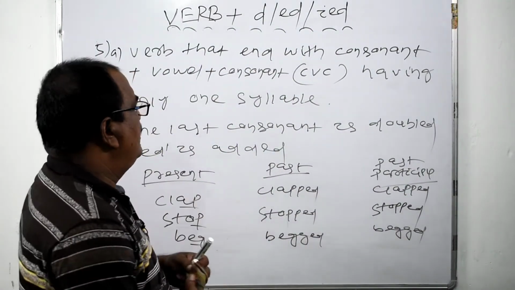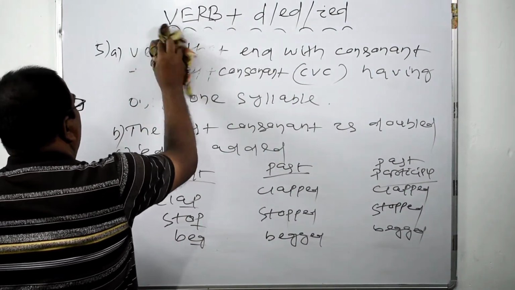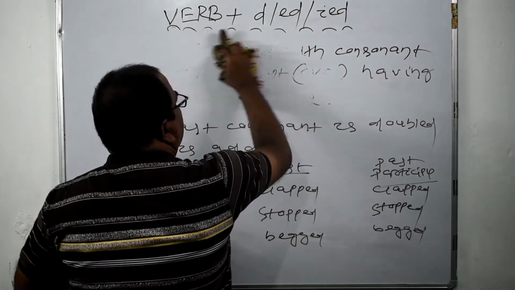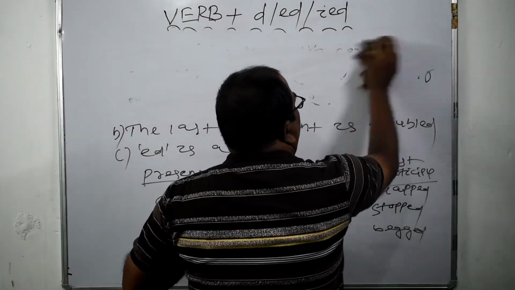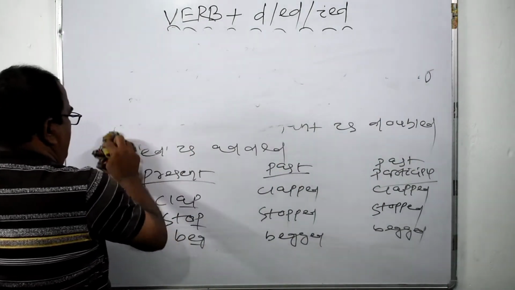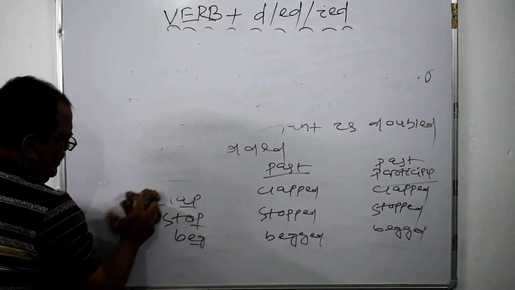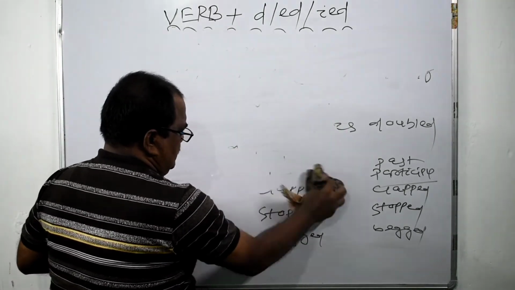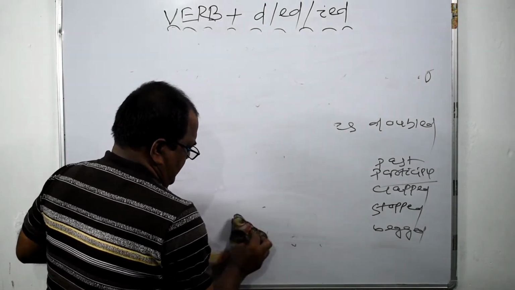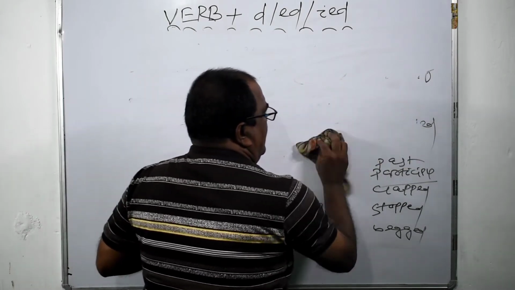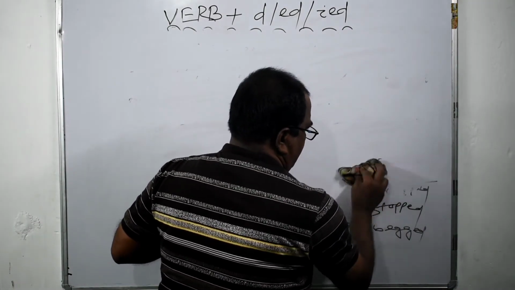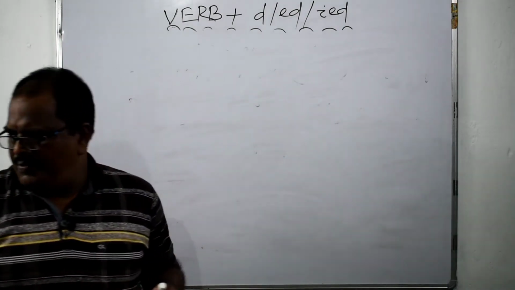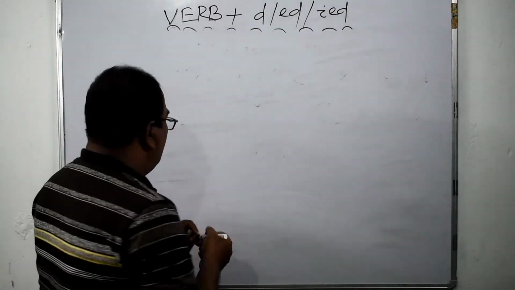Now, we'll proceed to another rule, number 6. Students, it is my suggestion to you to remember all the rules very clearly. As a result, correct English will be possible on your part.